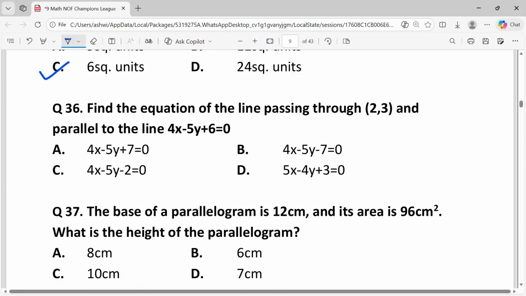Question 36. Find the equation of the line passing through (2, 3) and parallel to the line 4x − 5y + 6 = 0.